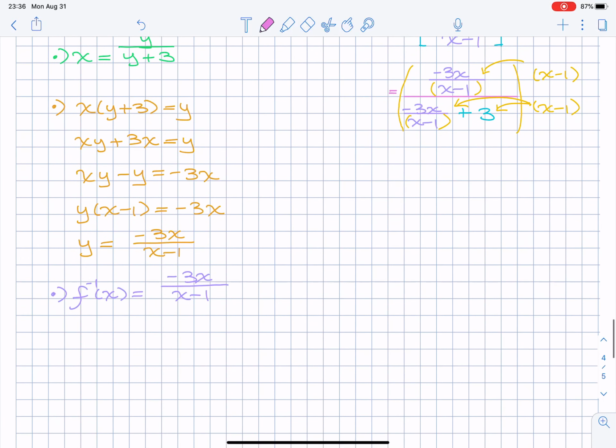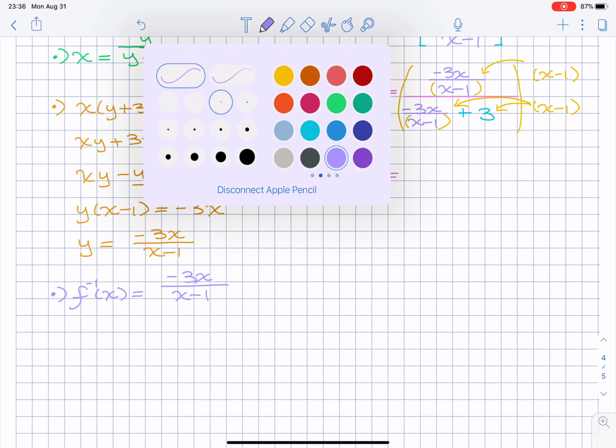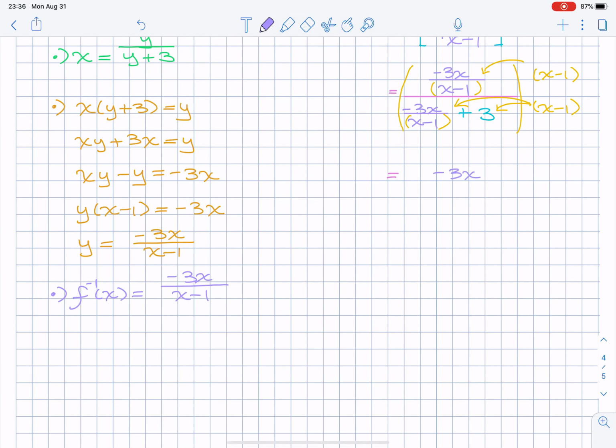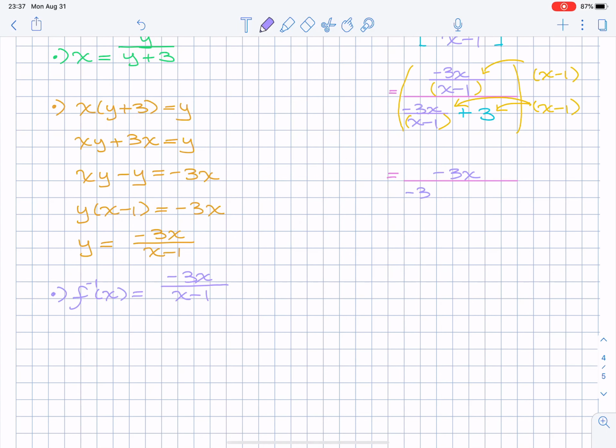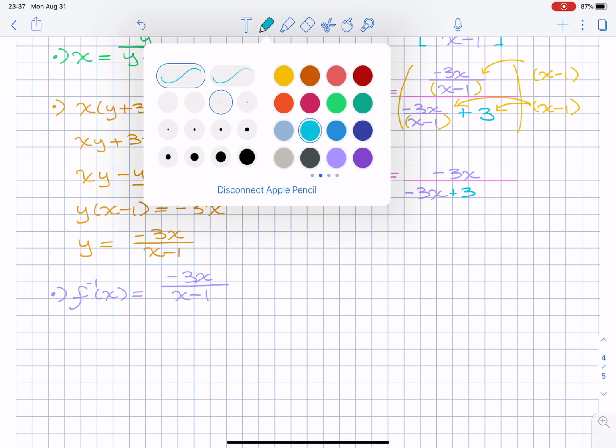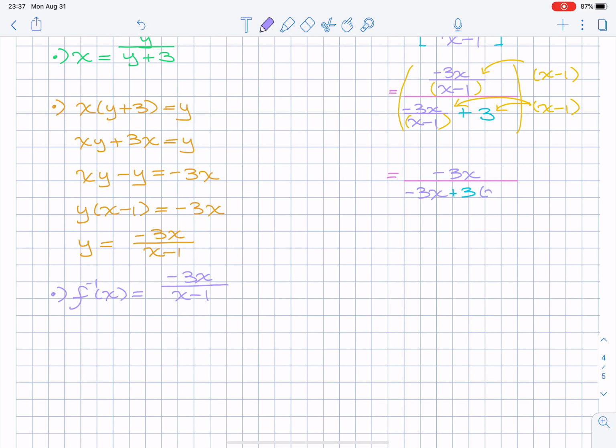So what we get then will be simply negative 3x in the numerator divided by negative 3x, to which we're adding 3 times the quantity x minus 1. Actually, I can do that in yellow so you see where it's coming from. X minus 1. I can also move this up one line. Okay, so let's go ahead and distribute in the denominator.